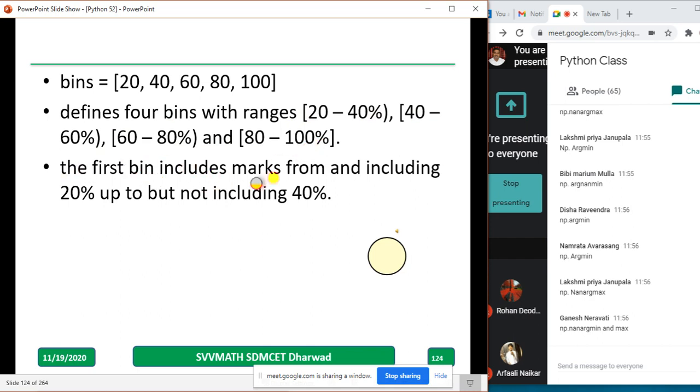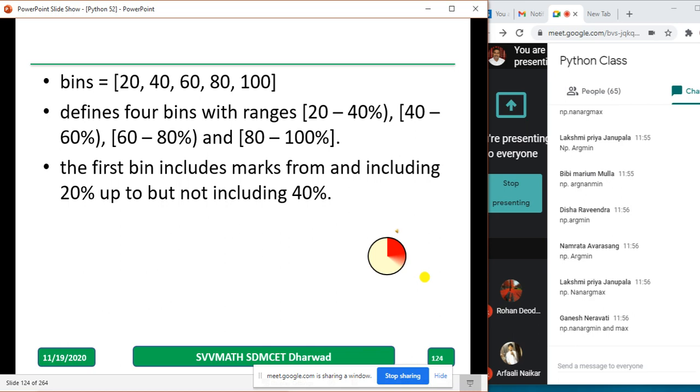The first bin includes the marks from and including 20% up to, but not including, 40. When I say 20 to 40, it will not include 40, only up to 39 something. 40 onwards it will take in the next bin. Take 30 seconds and read it. You can observe also, you can try also. Make changes in the marks in this particular example. Then see the histogram, how it looks by changing the marks.